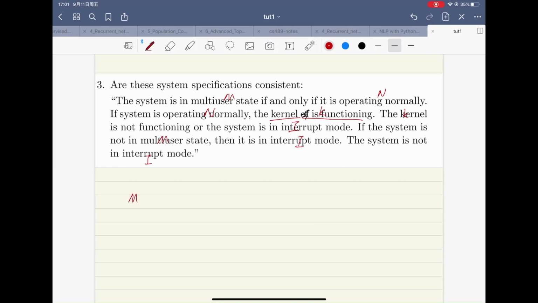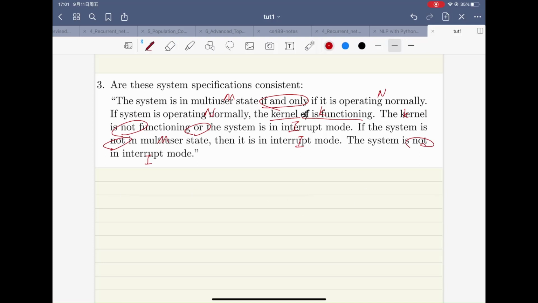We have M, N, K, I, right? Then we want to find the logic connectives. We have if and only if, we have not, or, we have the not, right?